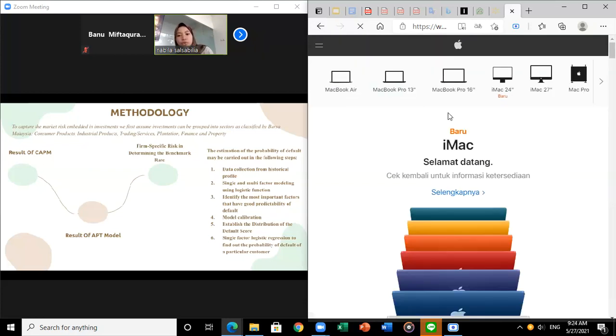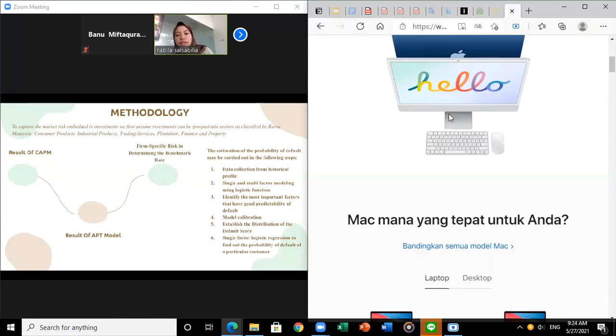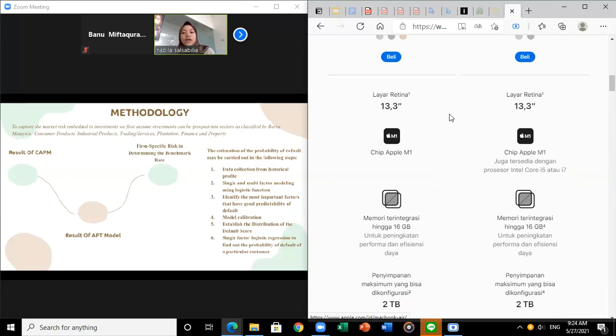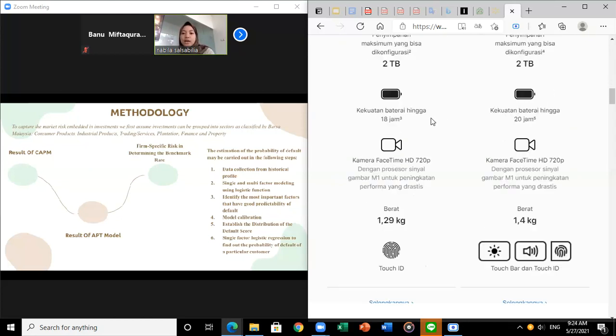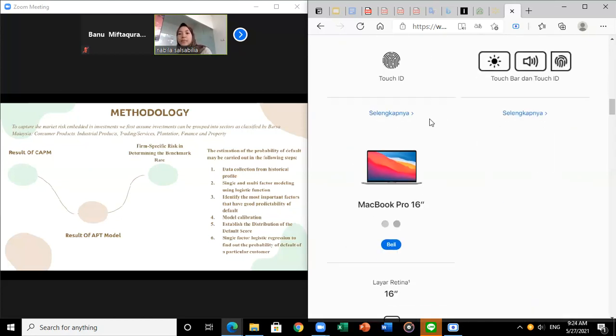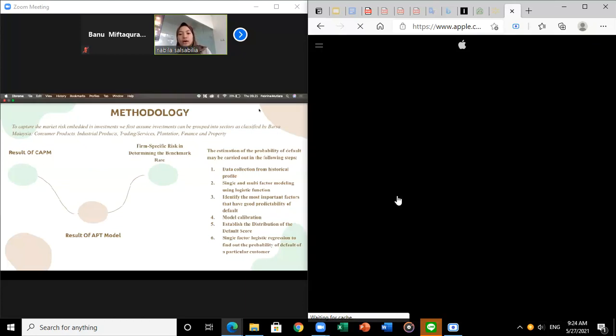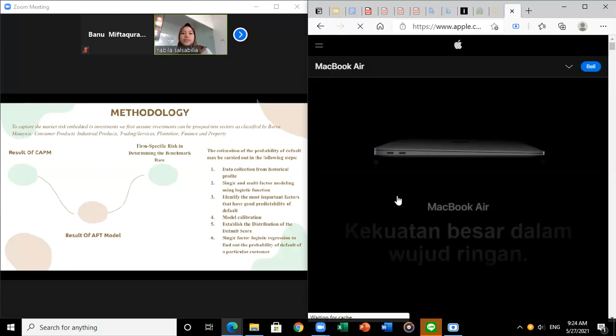We have to look at the model calibration too and establish the distribution of the default score. And last, to estimate the probability of default, we can use a single vector logistic regression to find out the probability of default of a particular customer.